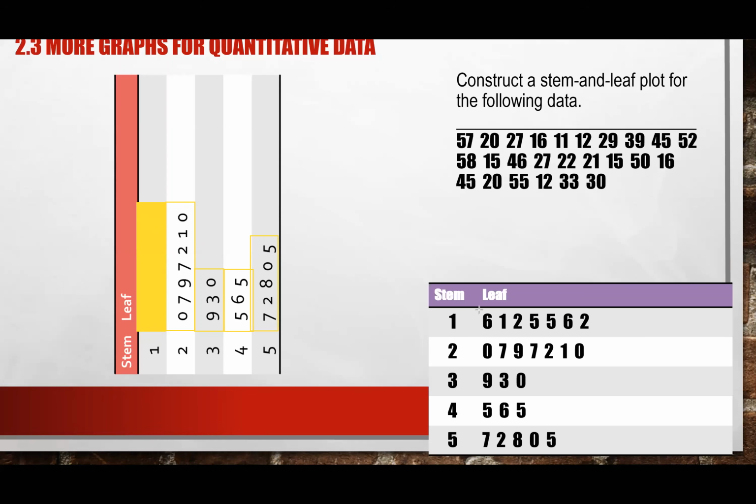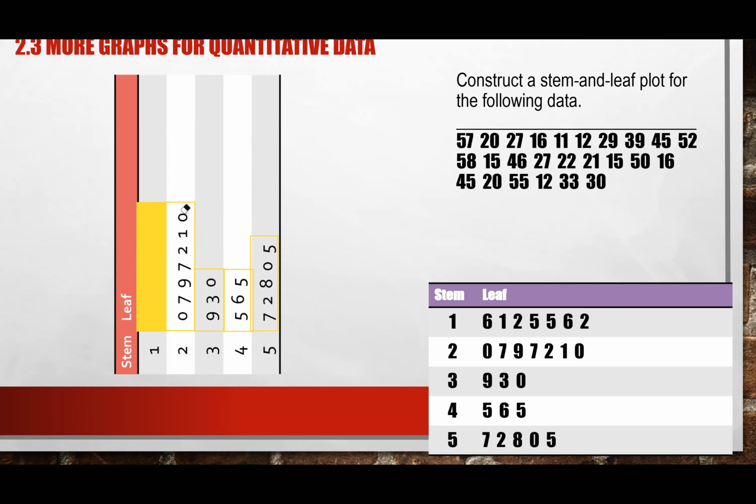But I don't know the score. But if you look at the stem and leaf plot, you can see exactly what the score is. We can see that no student scored 19. We have 1 student who scored 11, 2 students who scored 12, 2 students who scored 15, and 2 students who scored 16. We don't have any students who scored 19, right?